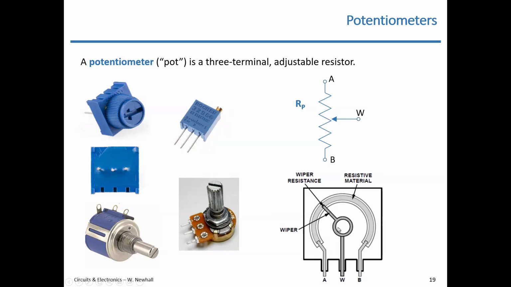And there would be a screw or a knob that would let you turn this wiper to position it from all the way to the left, to A, or any position along this resistive material, or all the way to the right, where you directly connect to B.